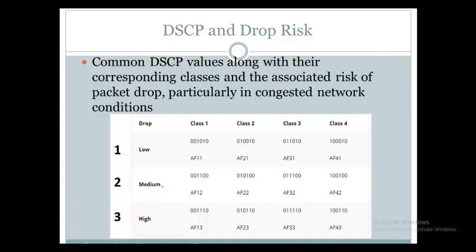Now, which one will be dropped first? In the tens place, whichever is smaller will get dropped first. One is smaller than 4. All the packets from class 1 will get dropped first to reduce the congestion. If congestion still prevails, then class 2.